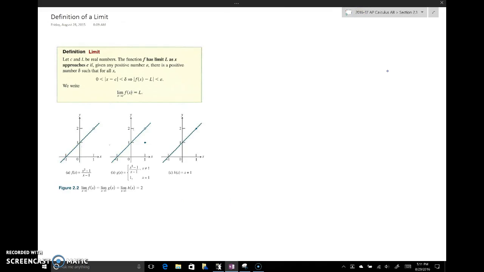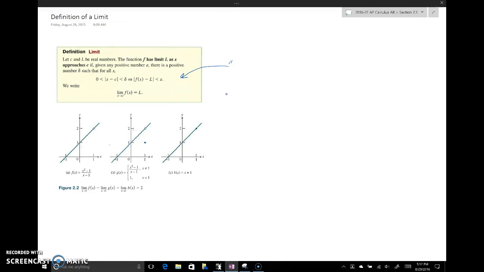Okay, so your book gives a pretty complicated but very precise definition of what a limit is, and in the AP test, you're not required to understand what's going on there. So I want to give you a summary of what that means. It's more important.